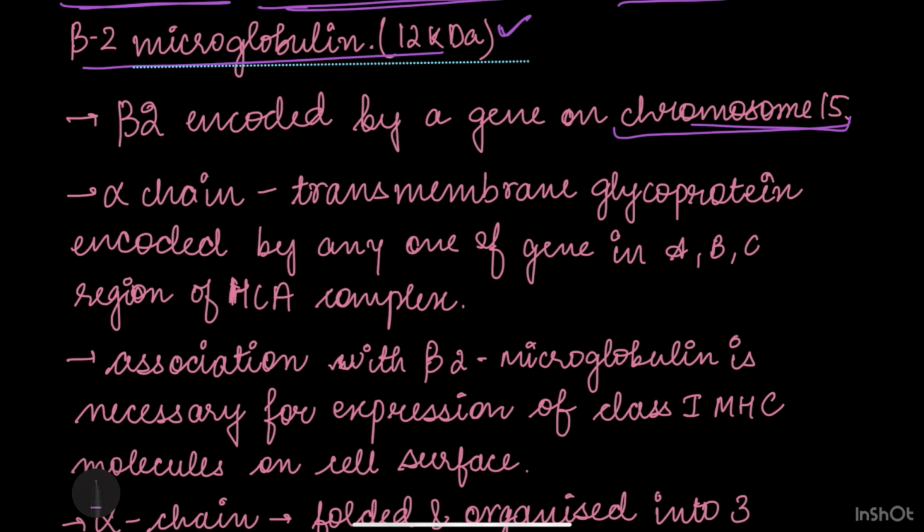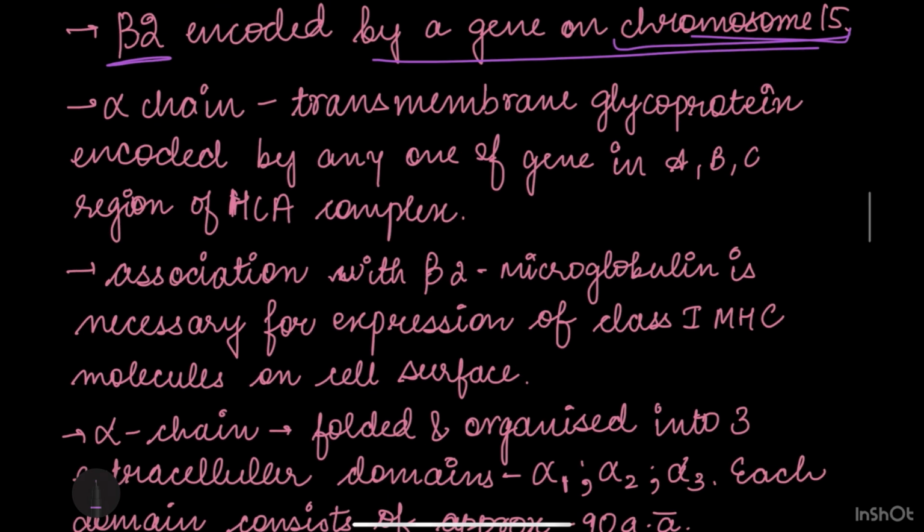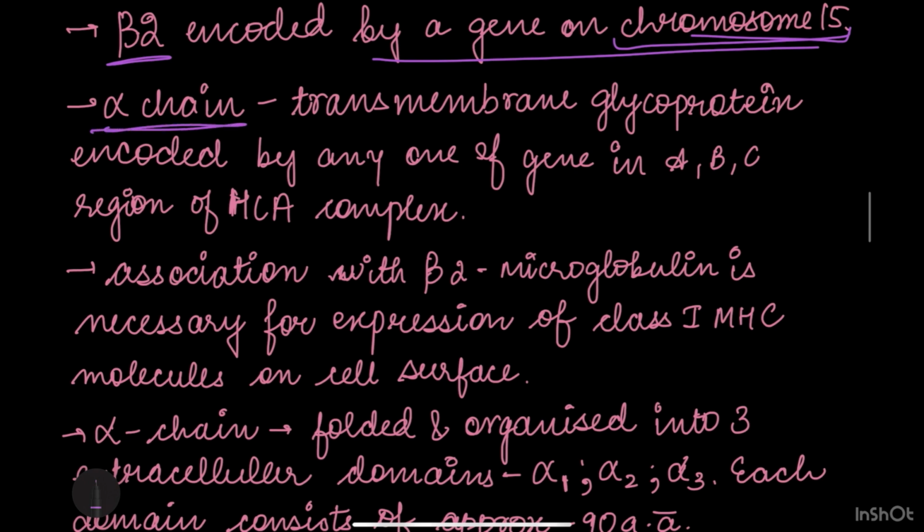Earlier we discussed that MHC genes are present on chromosome number 6, right? But here we can see beta 2 is encoded by a gene on chromosome number 15 because it is a non-MHC molecule. Okay. Alpha chain is a transmembrane. What is a transmembrane?